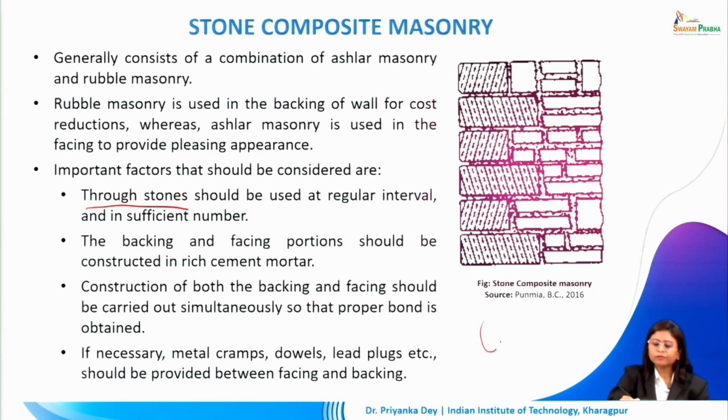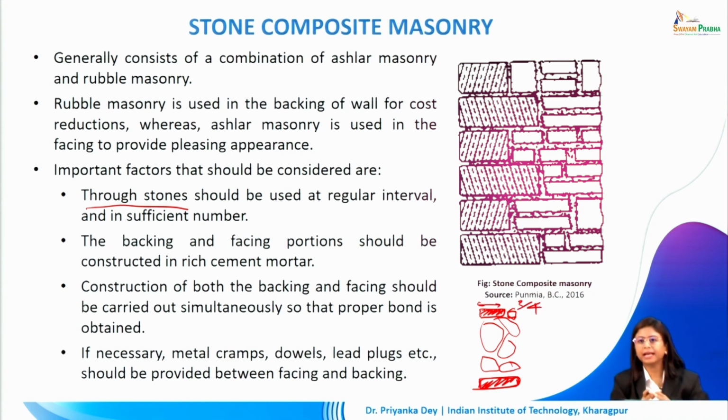Now in case of random rubble masonry, where we have different stones randomly being brought together, to ensure that proper bond is maintained, we need to have some well dressed through stones which cover, if not the entire width of the wall, at least 3/4 width. Now this acts as a good overlap mechanism which helps us bind the entire wall in rubble masonry.